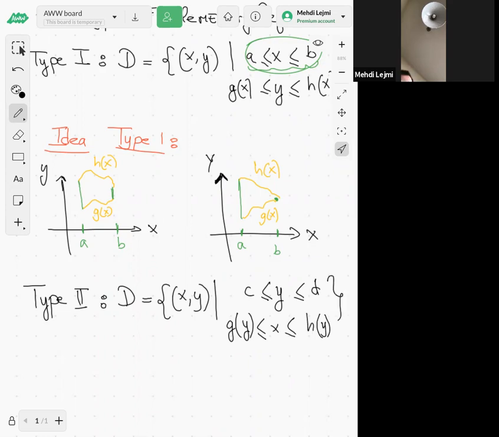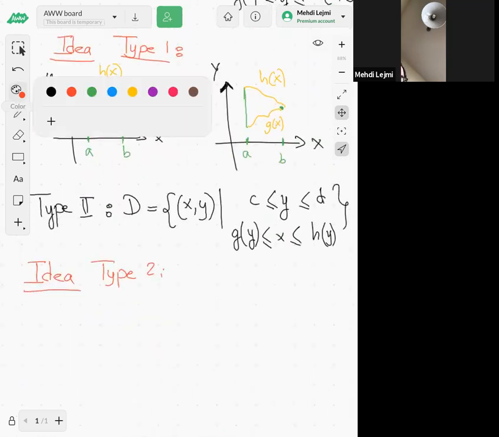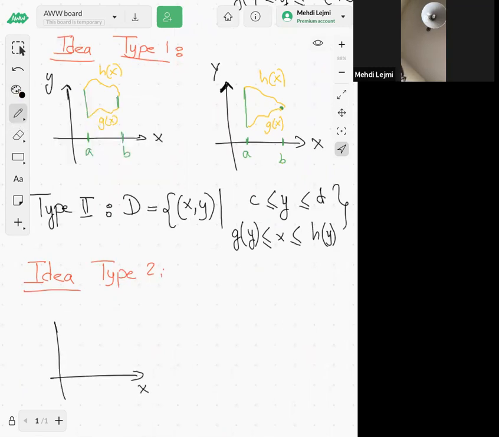And so the idea here is you're gonna get the following regions. Now, this is your x-axis, this is your y-axis. Now your y is between c and d, right?